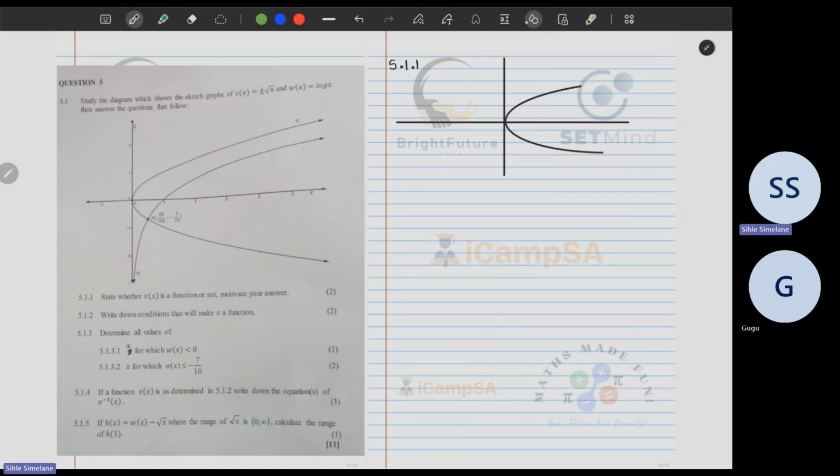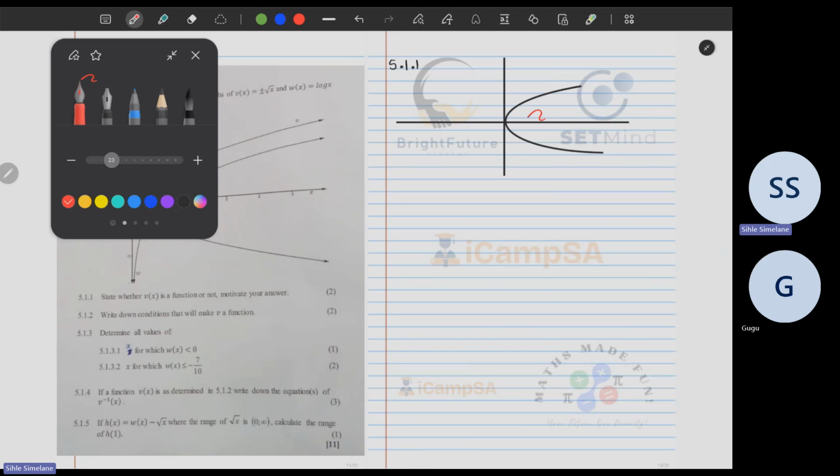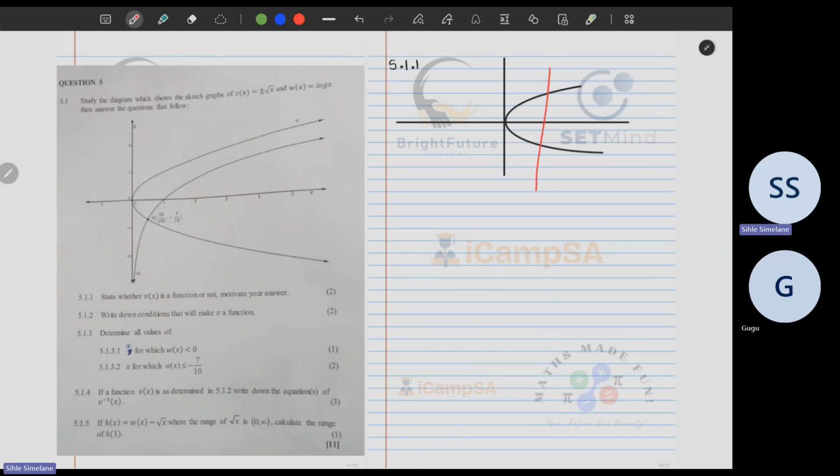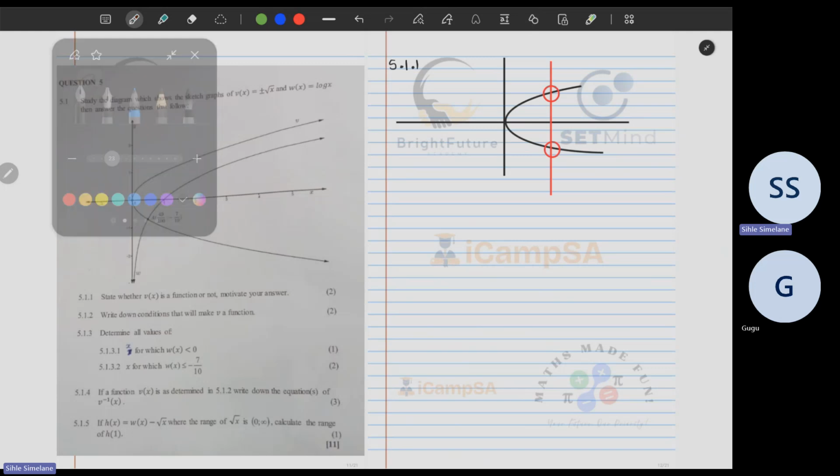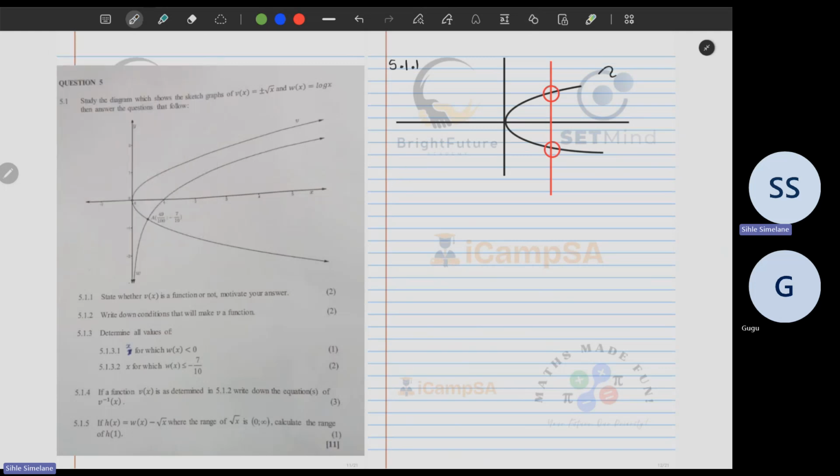So if we go ahead and put in our vertical line here, you will see that it will fail. The vertical line will cross the graph twice, and we said it must only touch the graph once. So our conclusion is that v of x is not a function.